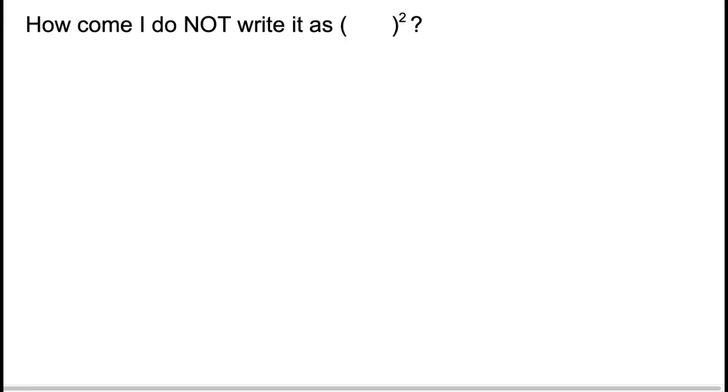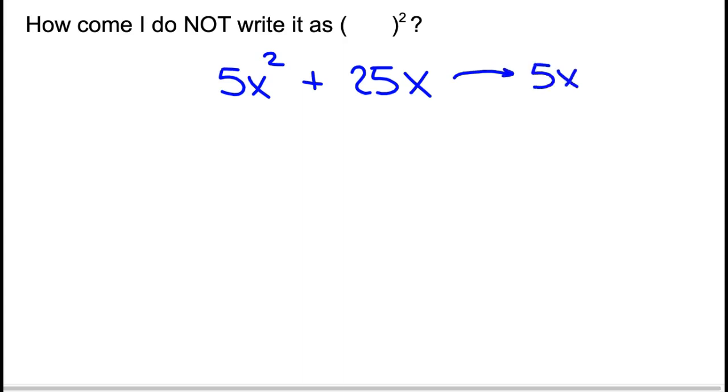All right, I'm going to try to show you a simpler example and see if you have an aha moment. Let's say we have 5x squared plus 25x, and I'm factoring that. Can I factor out any common terms there? Yeah, so you probably don't have any problem realizing that that's the same as 5x times x plus 5.